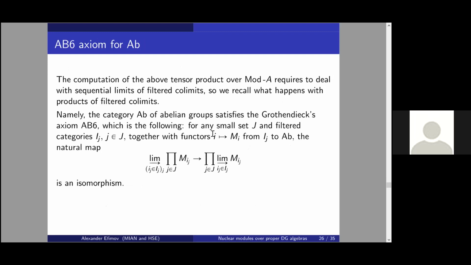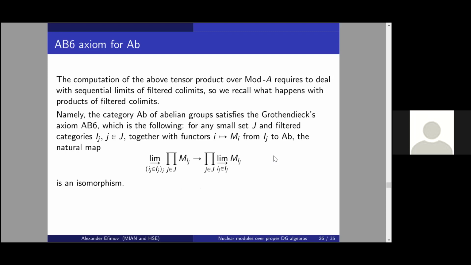So if we consider a collection of functors from each I_j to abelian groups, then you have the following fact, that the product of these filtered colimits can be expressed as a filtered colimit over the product of I_j's of products of M_{ij}.